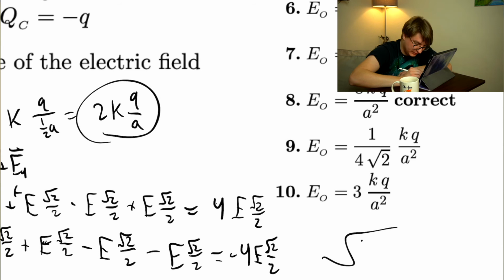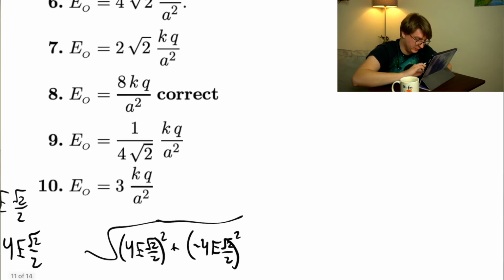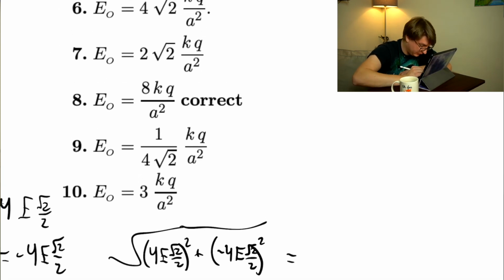Essentially, you've got to take E square root of 2 over 2 and square that. This is a negative sign, but it doesn't matter. Oh, we're going to run out of room real quick. So essentially this 2 and this one cancel out, so you just get 2 square root of 2.